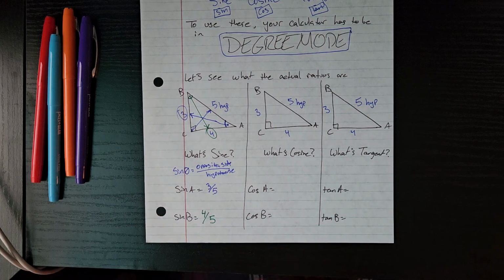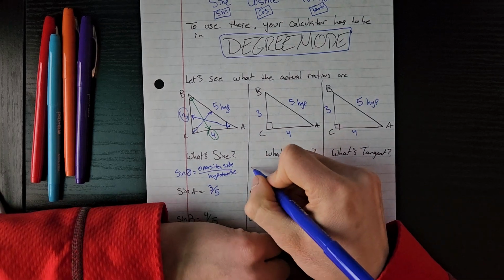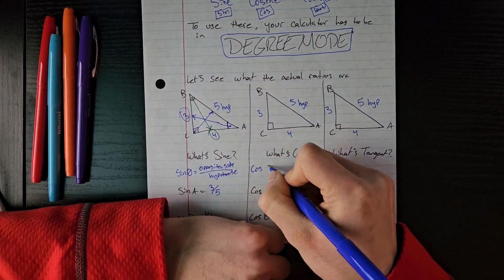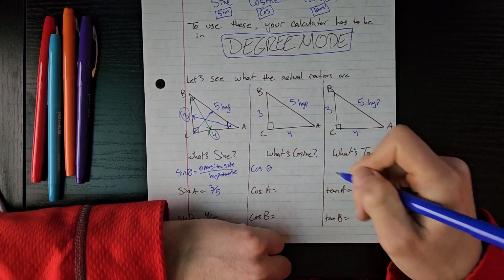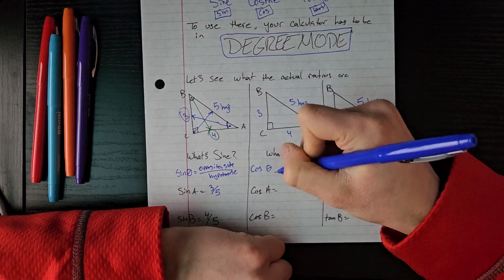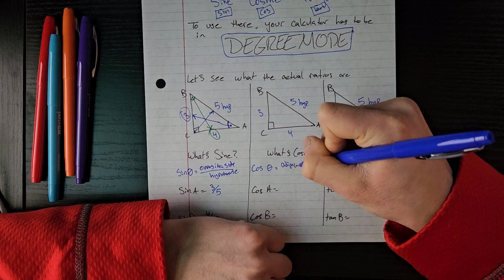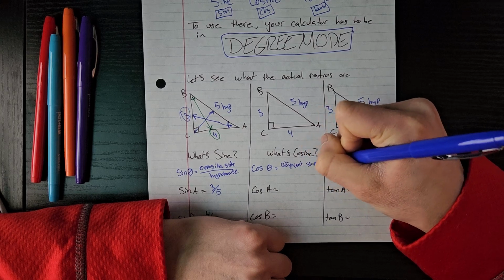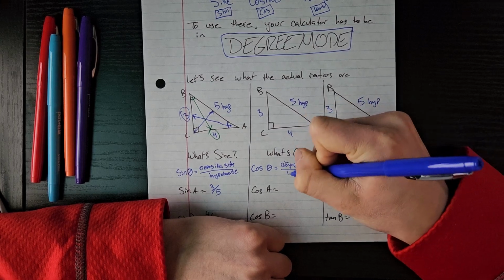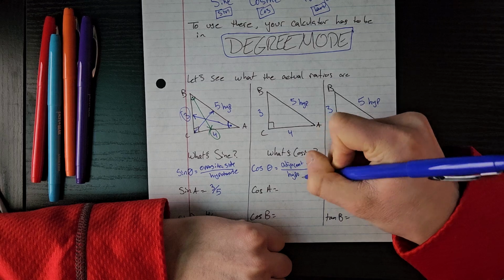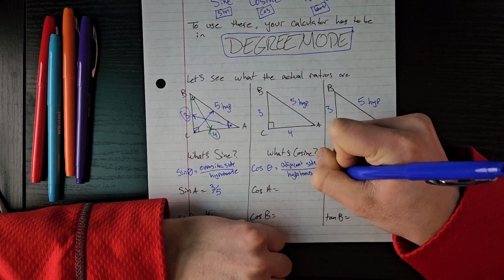Moving on to cosine. What is cosine? Cosine of theta, just put in a placeholder angle in there. The cosine of theta will be the adjacent side over the hypotenuse. I will make a quick note.